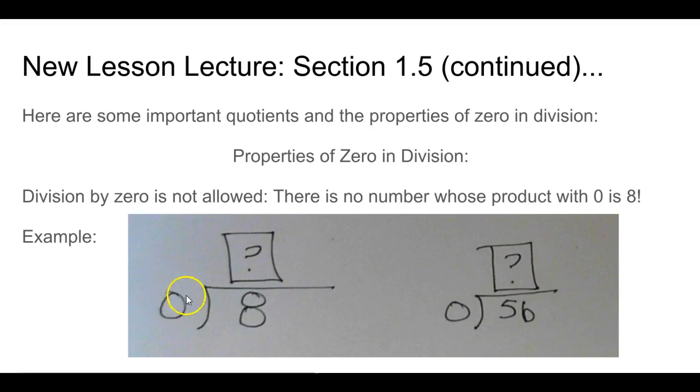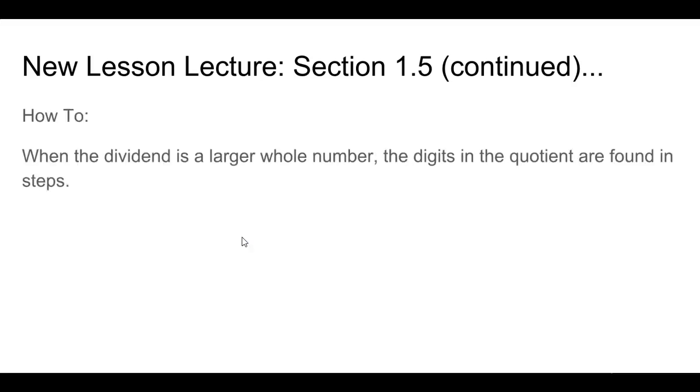And then this number, the divisor, that's the number or the amount that you're going to separate this number into. You can never have the divisor be 0. You can never divide another number by 0. Okay? Even if you try it on your calculator, it just won't work. Okay? So let's go ahead and continue.